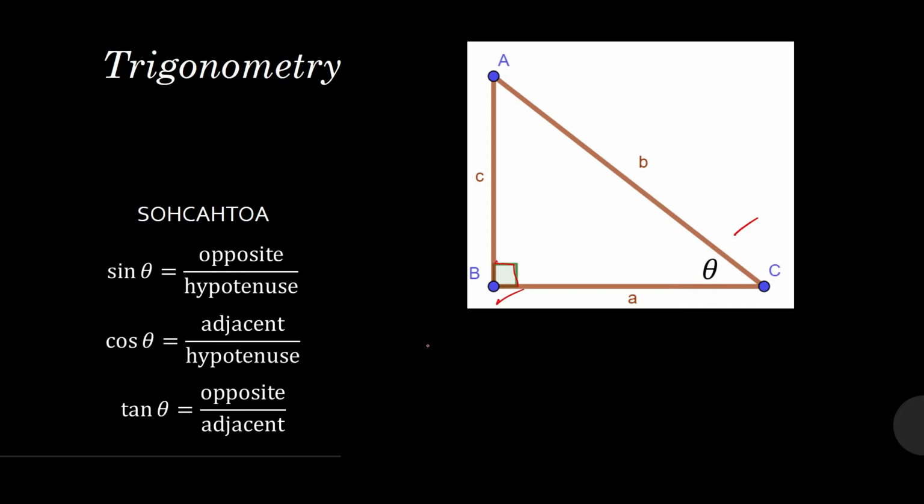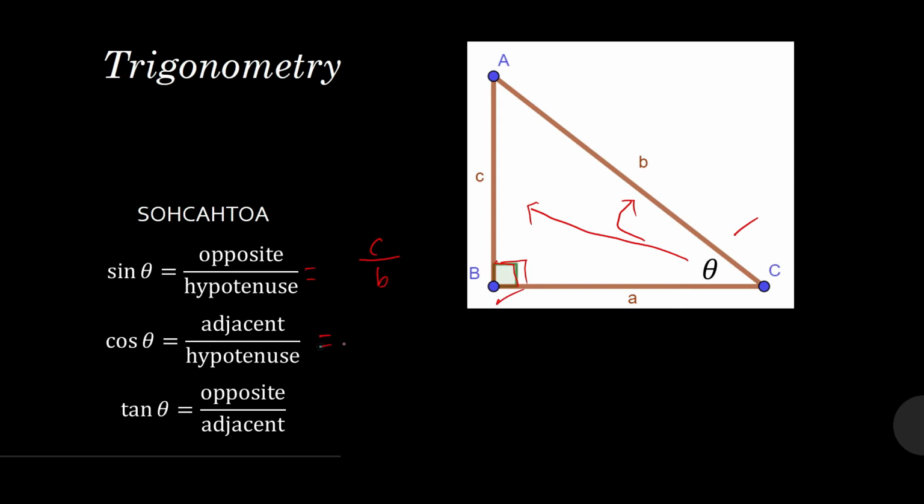For sine, we defined it as the side opposite over the hypotenuse. If this were your theta, the side opposite is the side that is facing your theta, and the hypotenuse is the side that is opposite to the right angle. In this case, it's going to be the side B.